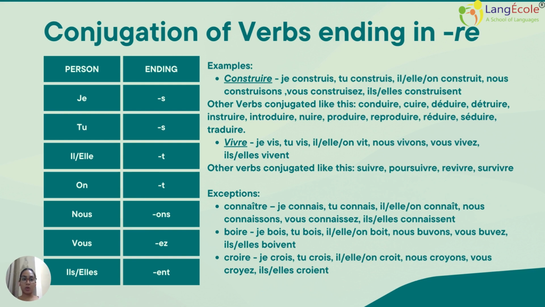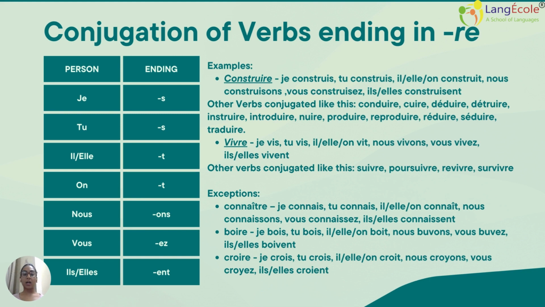So, for example, the construire verb is conjugated like je construis, tu construis, elle construit, nous construisons, vous construisez, and elles construisent. Other verbs that are conjugated like this are conduire, déduire, instruire, etc.